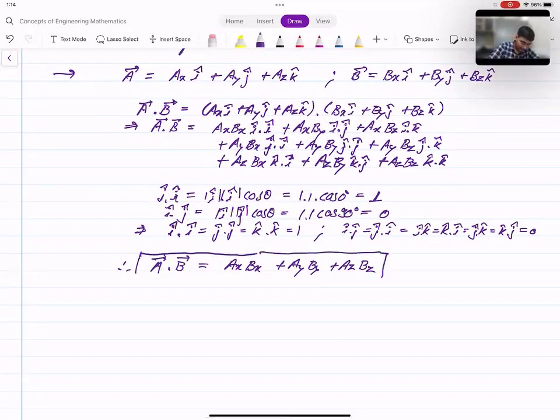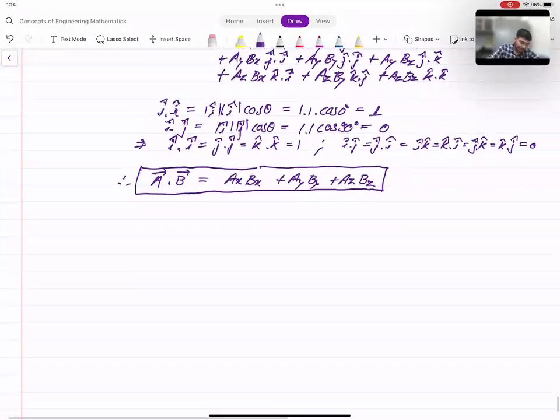So this becomes an important result. So suppose we are given two different vectors in the component form, say ax I cap plus ay j cap plus az k cap, and similarly for b. If this form is given, then we can find the angle between these two vectors using the dot product. Okay, so how is it done? We know that the dot product can be written like this.